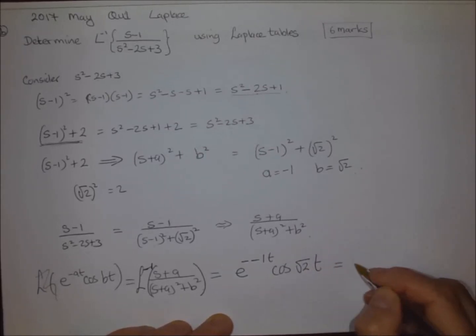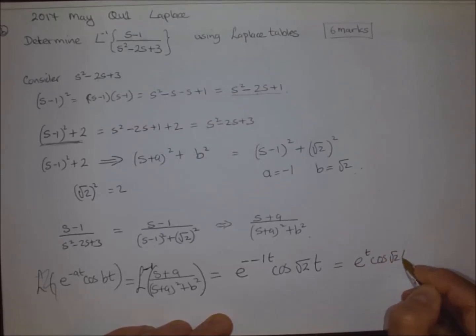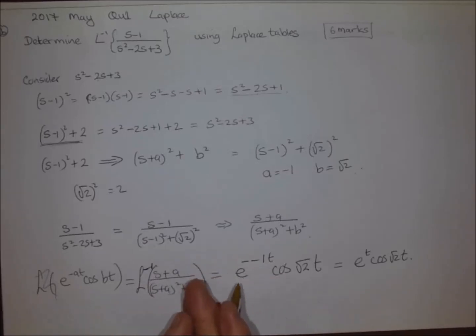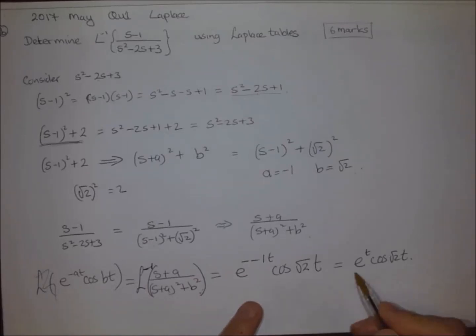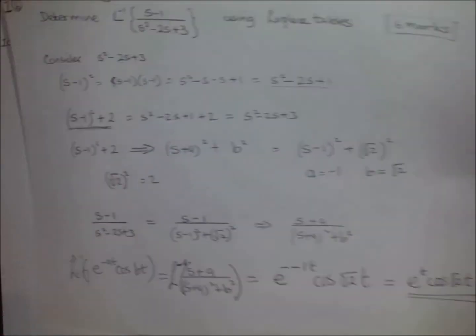We can tidy that up as e to the t cosine root 2t. So we were asked for the inverse Laplace transform of this, which from the tables is going from the right side to the left side, and that gives us this, and that's the answer. Okay, so now we're on to part 3, or part C.